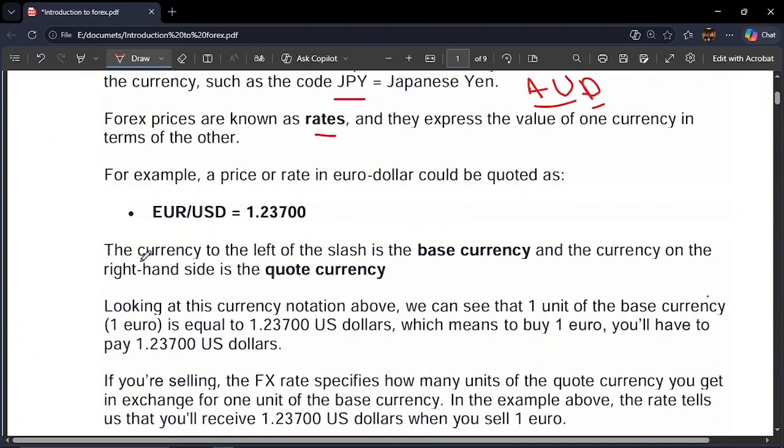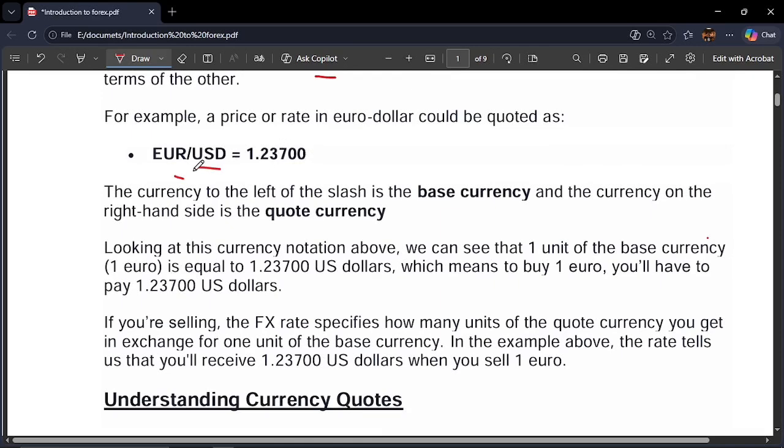You should know that the currency to the left in Forex, we refer to as the base currency, and the currency to the right is known as the quote currency. And being given a currency pair and its rate, all this is given a full name, which is a currency notation.